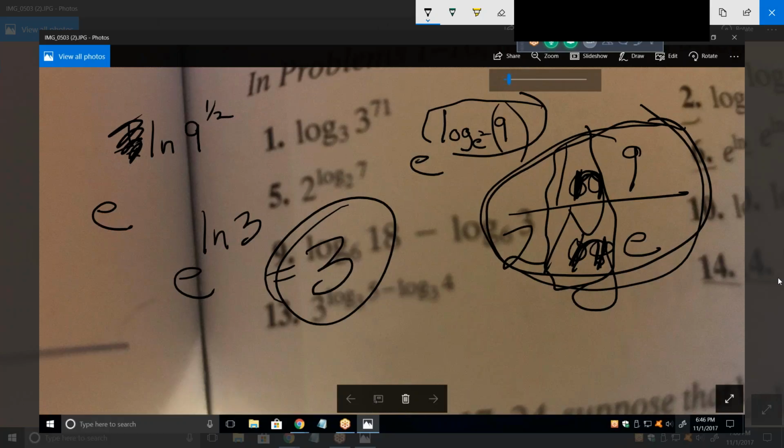Because natural log of e is 1. Common log of e is, I have no idea, some irrational number. But if I got the natural log of e, or e to the natural log of something, in other words, I've got an e as my base, so I want to make sure my exponent is natural log, not common log.